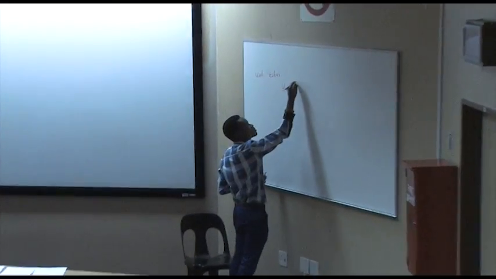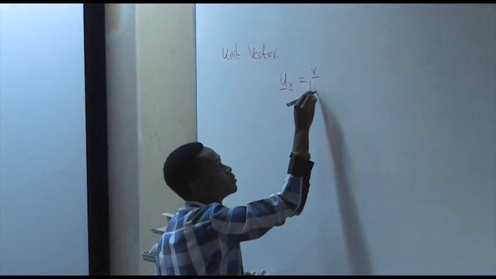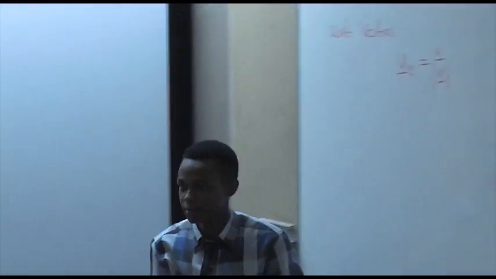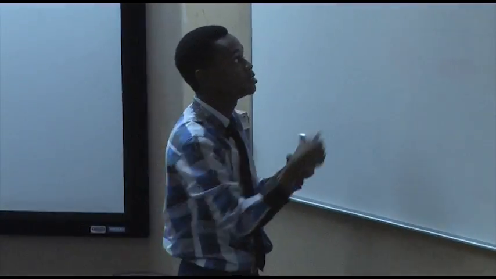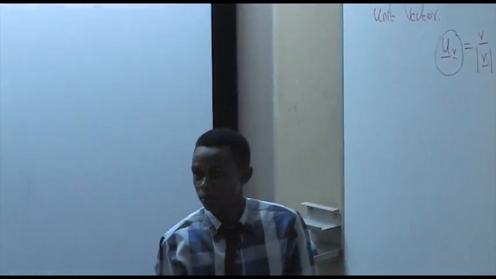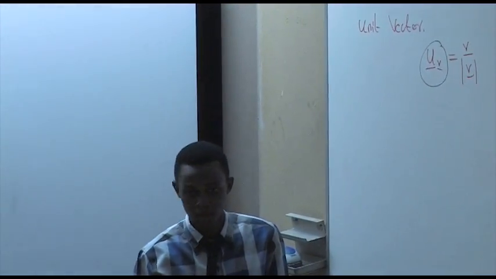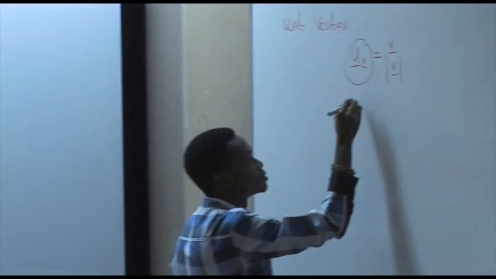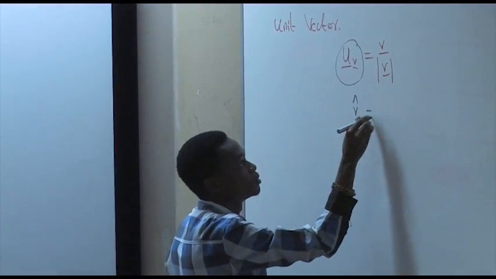As he said, it's a fraction of itself. This is how you find the unit vector. Usually it's noted like this, but this is not the only way you can denote a unit vector. You can always note it as that.